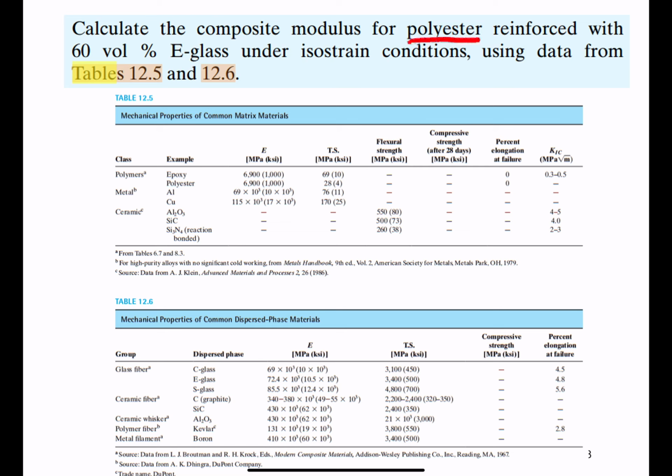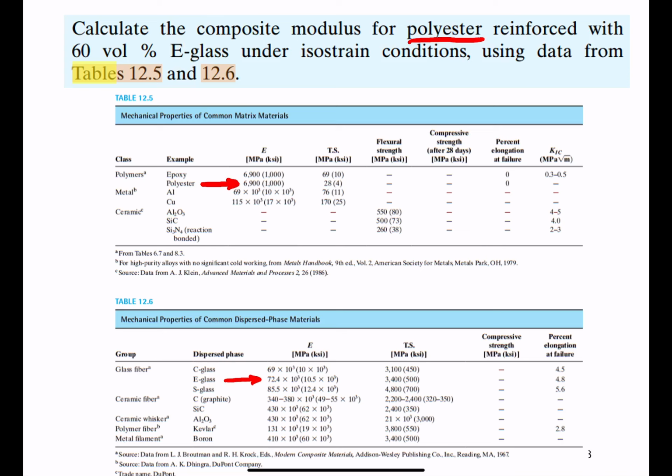Okay, so it looks like we need to find in the tables polyester and E-glass. We're going to see that the polyester has a modulus value right here of 6,900 megapascals. We also see that the E-glass has a modulus value of 72.4 times 10 to the 3 megapascals.